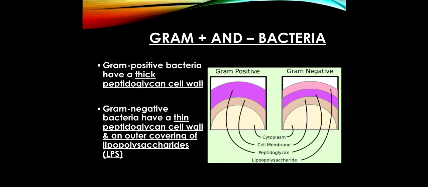Gram-negative bacteria have a thinner peptidoglycan cell wall, and they have a much thicker outer covering of that lipopolysaccharide layer. That lipopolysaccharide layer does not hold on to that purple dye. It will actually take up a pink or red dye. So gram-negative bacteria look pink or red.